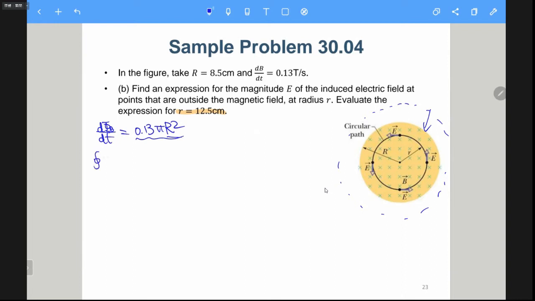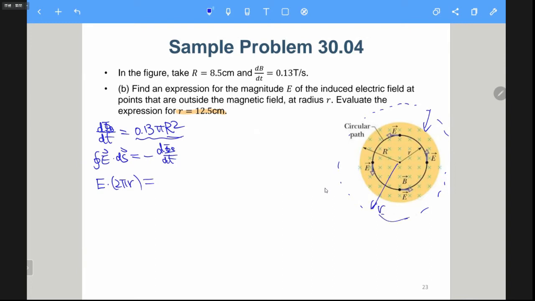So for Faraday's law, we have the integration of E dot ds equals negative d phi b dt. Similarly, E dot ds is E times 2 pi small r. We still need to consider this r for this path.